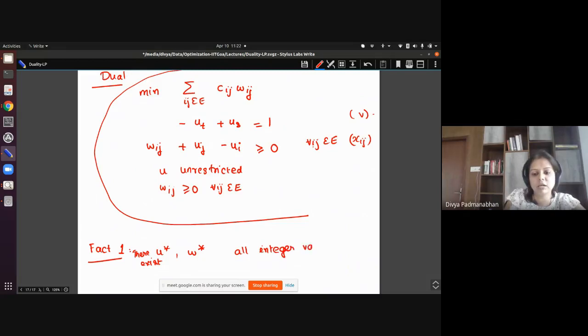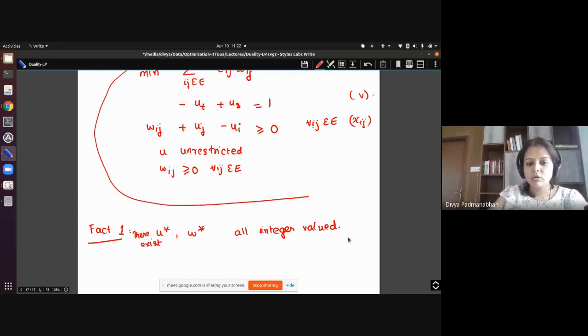Here we are not giving any constraints that u and w are integer valued, but it turns out that when you solve this problem, there is an optimum assignment of the variables which take only integer values. I will show this a little later, but take my word for it for now.